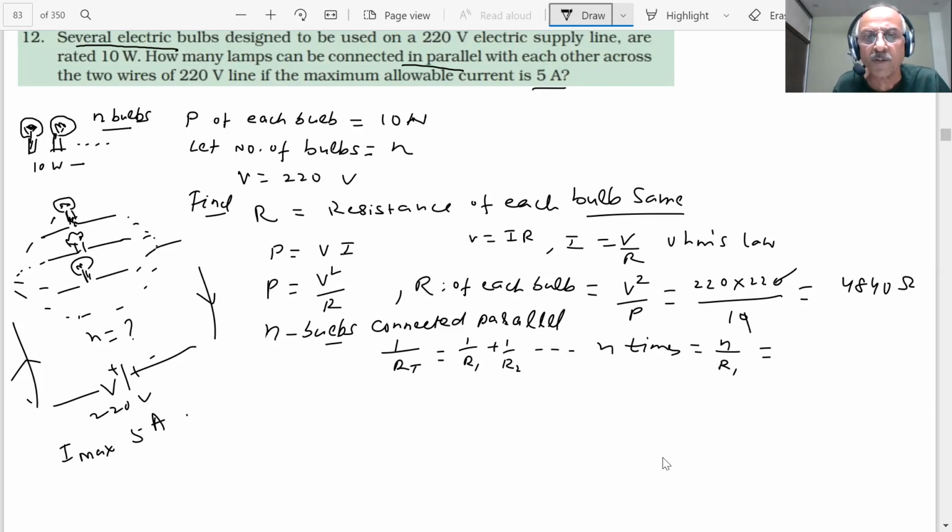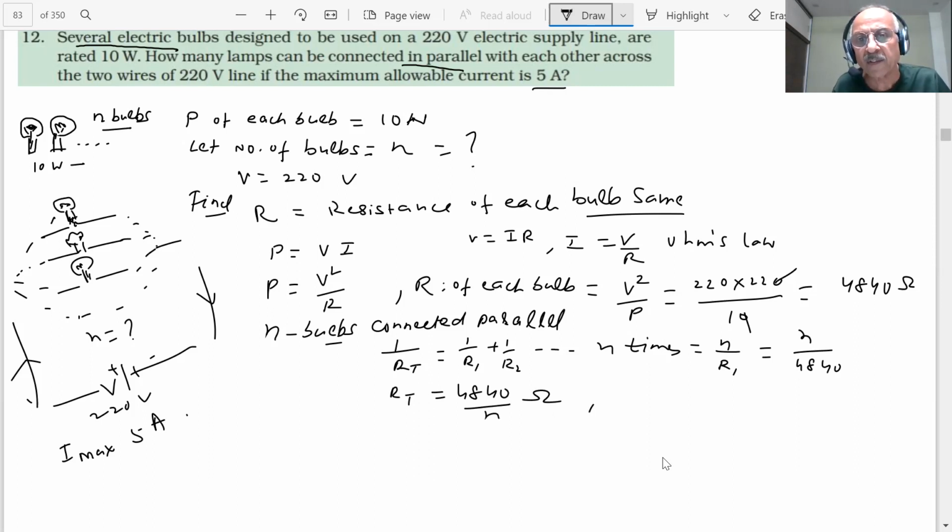N will be how much? We have to calculate this value. You have 4840. Then what is RT? 4840 by n ohms.